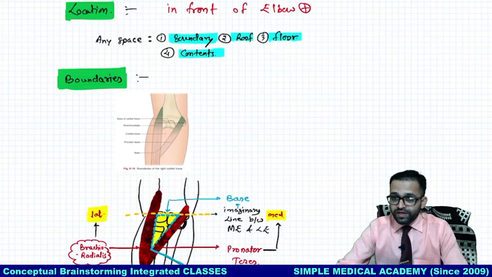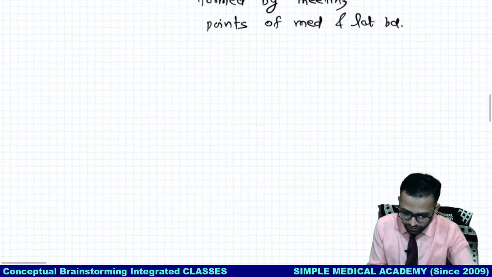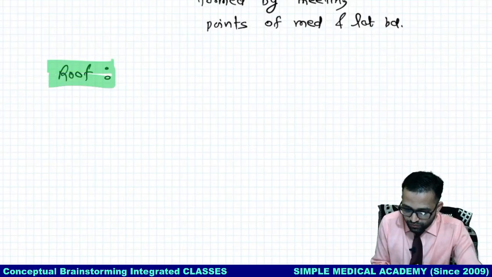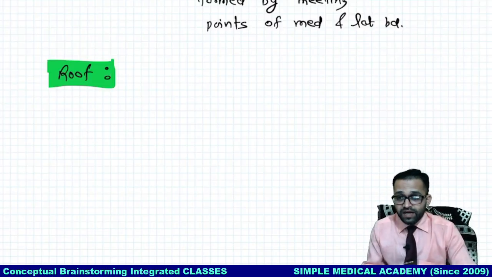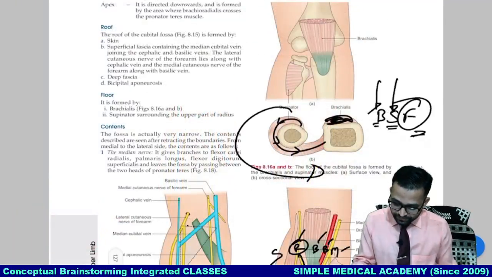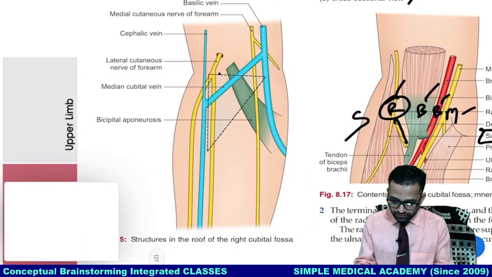So now we are going to look at the other things one by one. See here, we are going to look at the roof. Okay, what are the different structures situated at the roof? This is the diagrammatic presentation in your textbook.